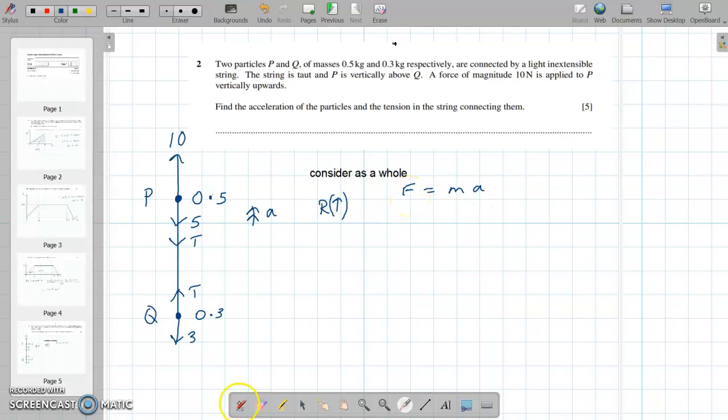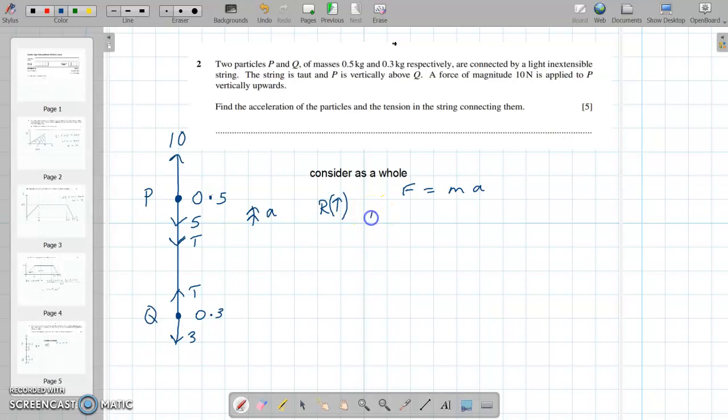Well, the total force going up: we've got positive 10, minus 5, minus T, plus T, and minus 3. Notice the T's cancel out, so there's no need to involve them.